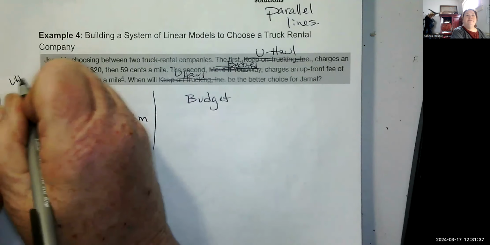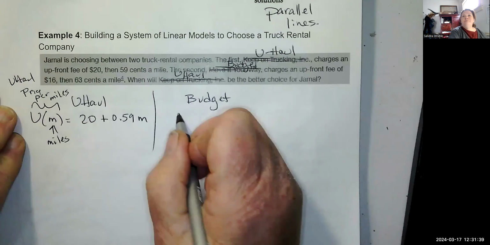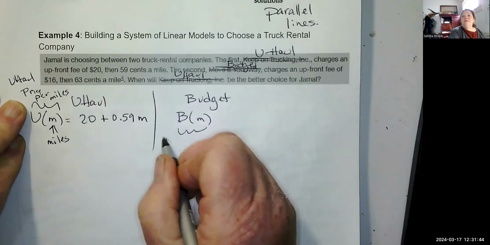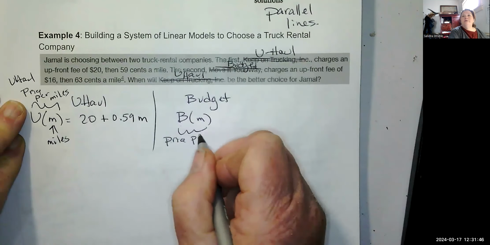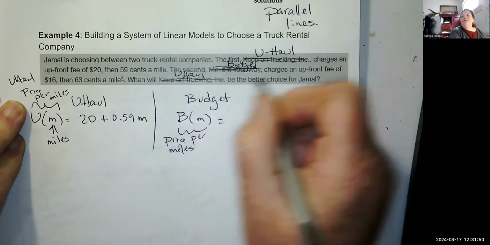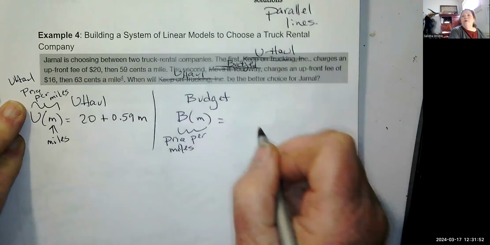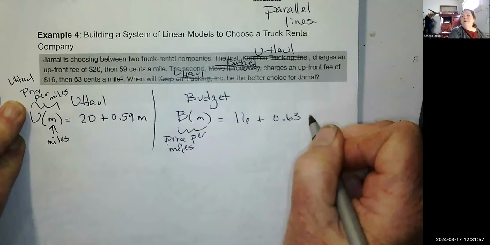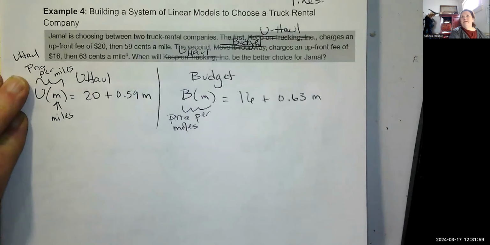Budget will use B of M, and that's going to be the price per miles for Budget is equal to, they have a $16 upfront fee plus 63 cents per mile, and M is miles.